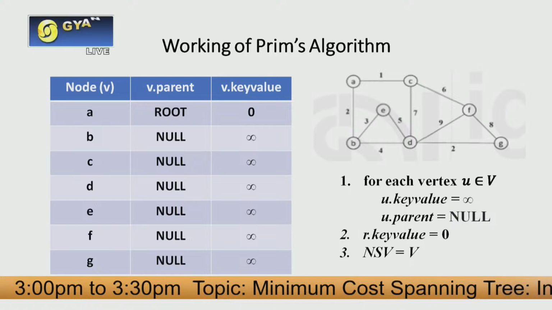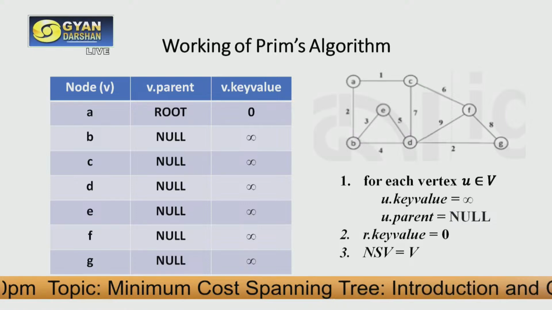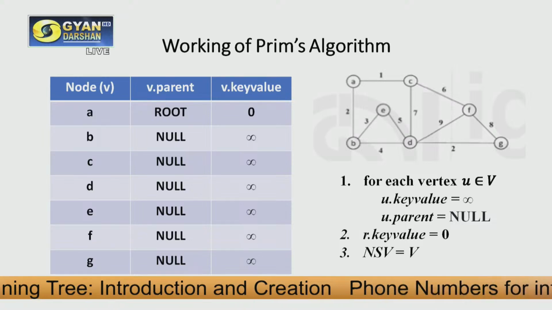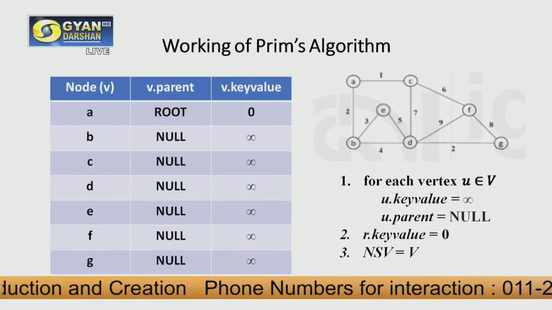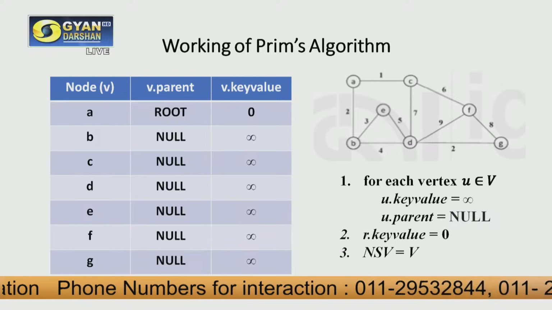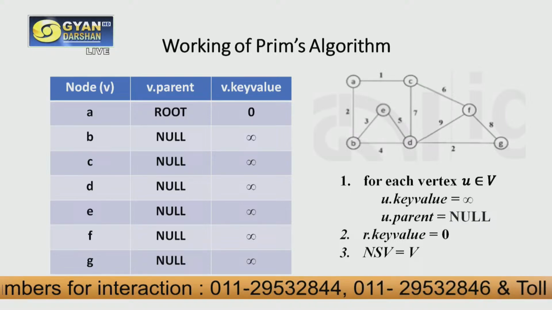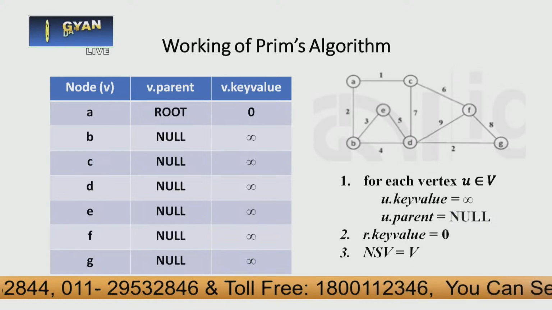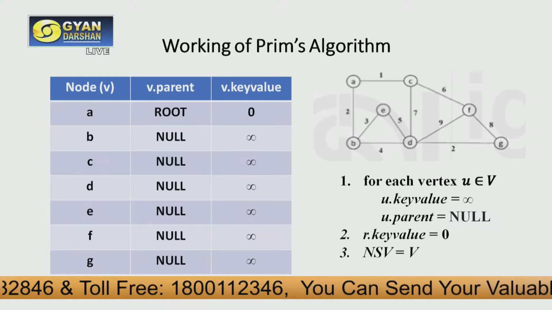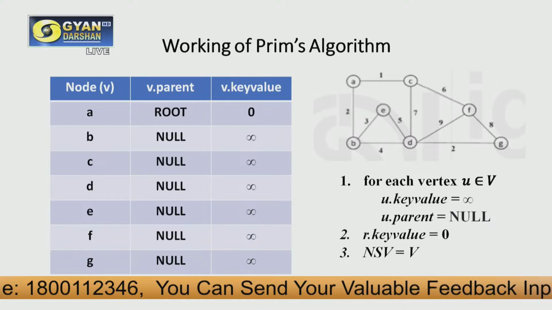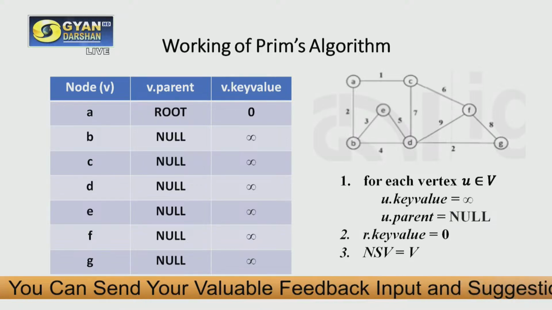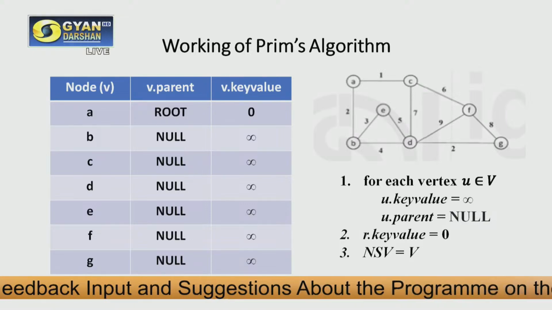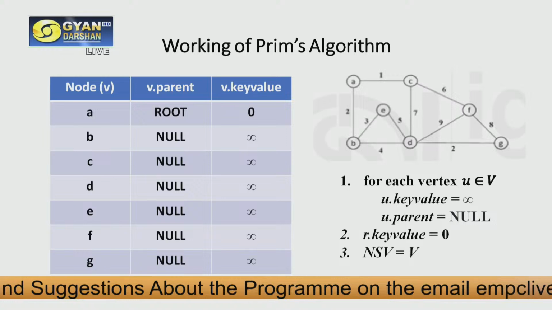We want to start from vertex A, so A will be the root node and its value will be initialized as 0, and for the remaining vertices, say B, C, D, E, the parent will be initialized as null. Which will be the parent will be decided later on. Initially we initialize it as null as per the algorithm, and their weight from A is initialized as infinity in the beginning. So this is the initialization in the case of Prim's algorithm for this particular graph.